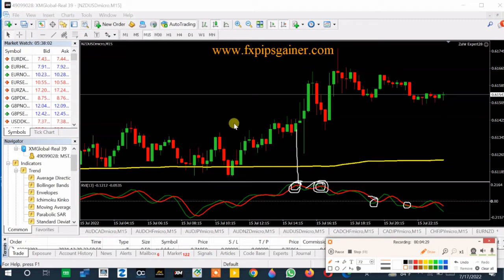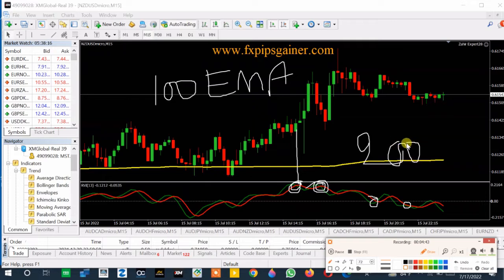Always we take a buy when the price is near the 200 EMA. We also can take the 100 EMA, no problem, but my preference is the 200 EMA. When we choose the 200 EMA, fewer signals come, but when you choose 100 EMA or 50 EMA, more signals will come.